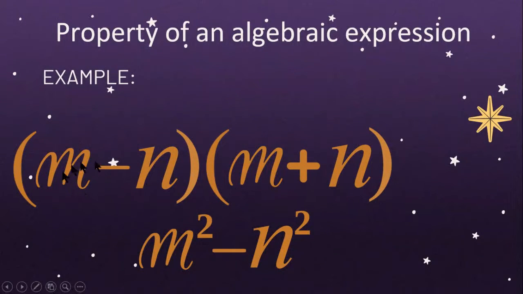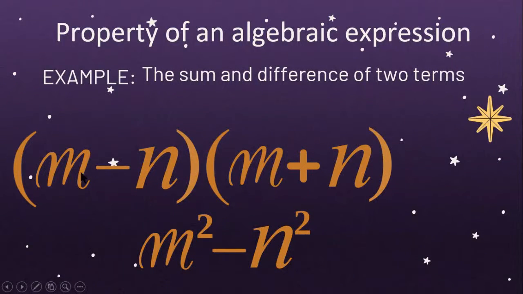When you see two similar binomials, but they have different signs, the first one is minus and the second one is plus, and vice versa, the product will be m raised to 2 minus the square of the second term. Square of the first term minus the square of the second term. Remember that. We'll be using this concept for conjugation.